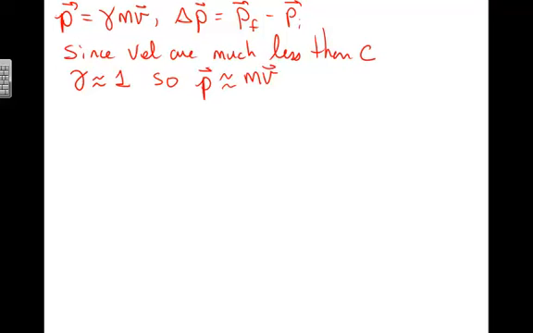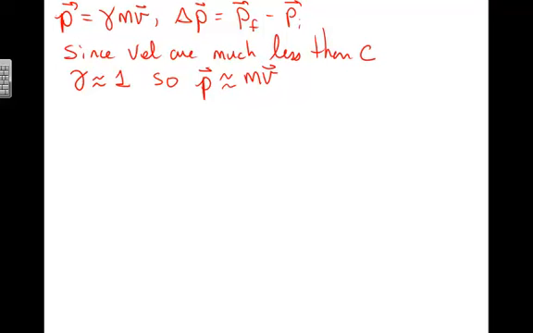When gamma is roughly 1, this just reduces down to mv. So it's important that you recognize this fact. When you're writing out these momentum problems, you want to start with the relativistic equation because this is the correct equation. This is only an approximation, and you need to show that this approximation is valid in this case.